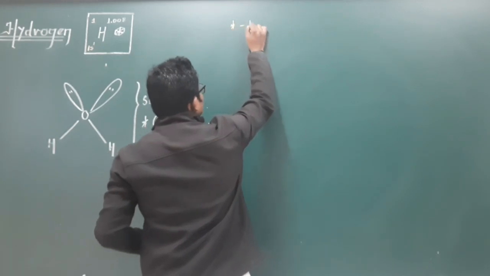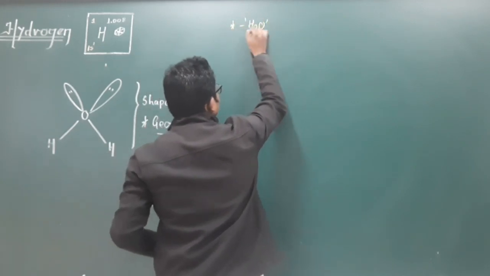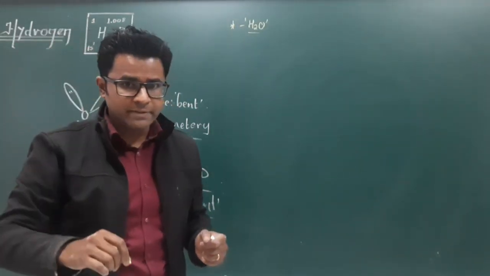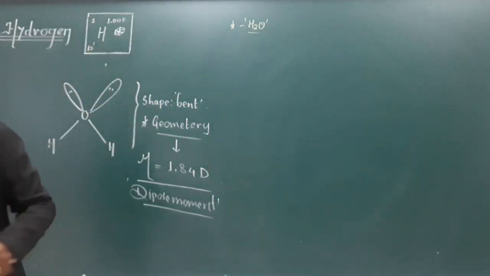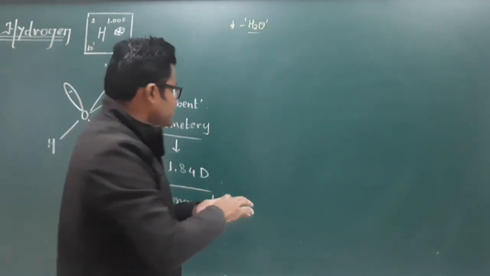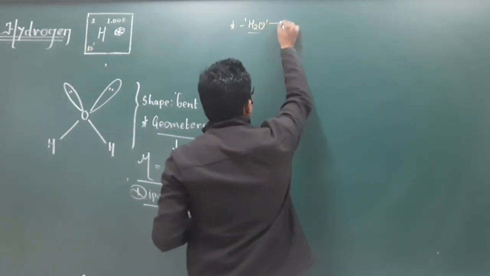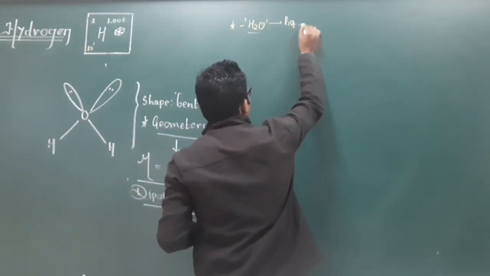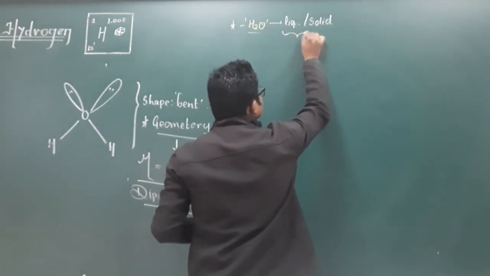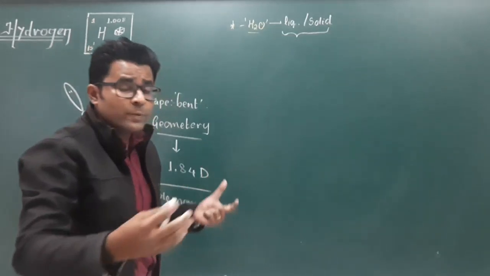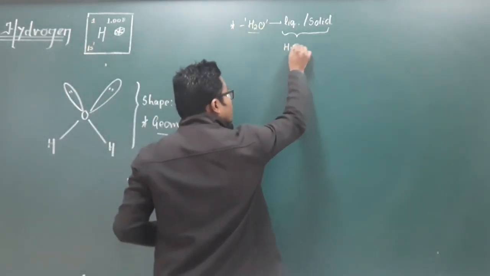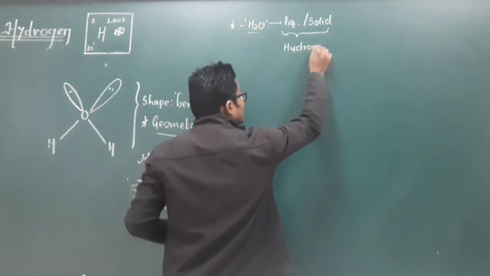When we take a look at water with respect to its two states, one is the liquid state and the other is the solid state. In this particular scenario, in the liquid as well as in the solid state, there is an interaction between the molecules, and this interaction between the molecules is because of hydrogen bonding.